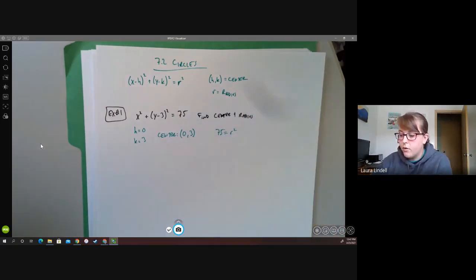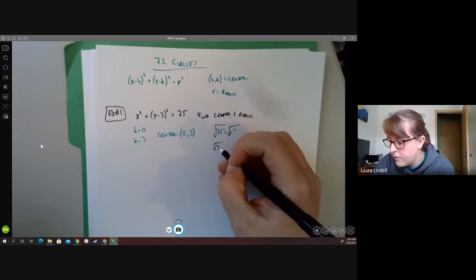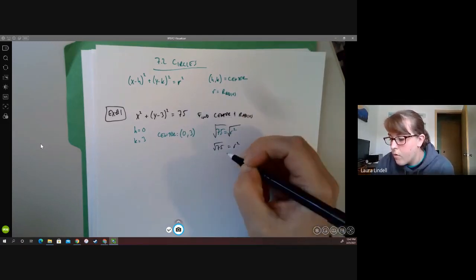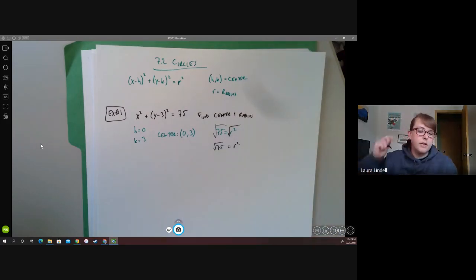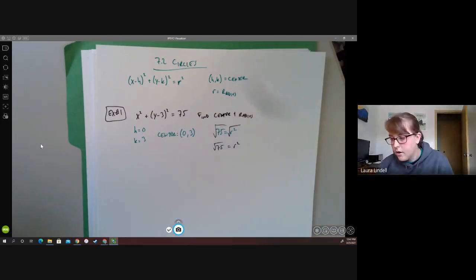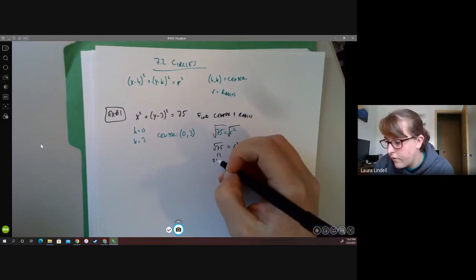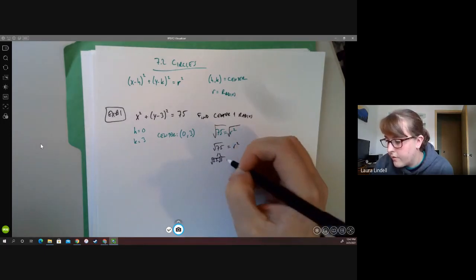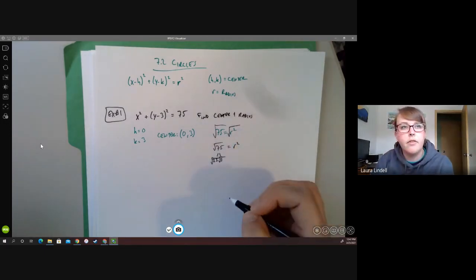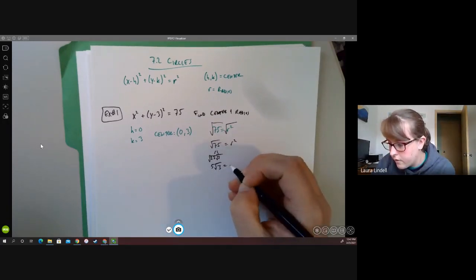So if I take the square root of both sides, we get the square root of 75. Or if you want to simplify that, occasionally you will need to remember how to simplify a root. 75 breaks down into 25 and 3, so the square root of 25 times the square root of 3, and the square root of 25 is 5. So this is really 5 root 3.